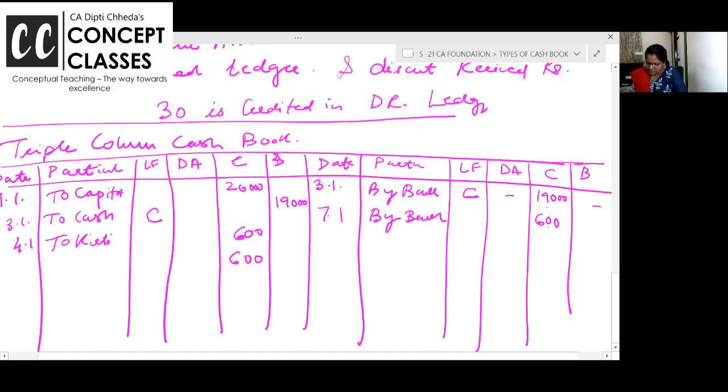And 600 rupees is deposited in the bank. Column, write carefully. I know it's a new transaction for all of you. I'll repeat. First you write it down. I'll repeat for all of you. This very transaction.